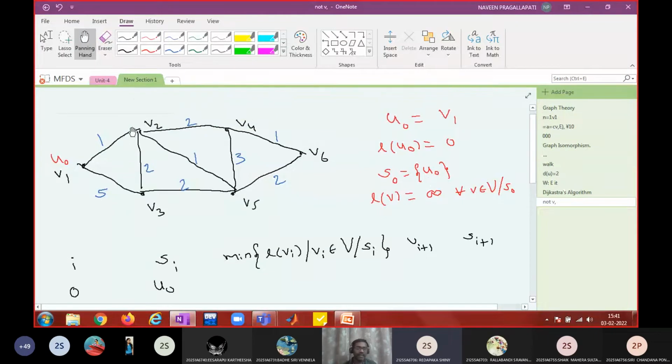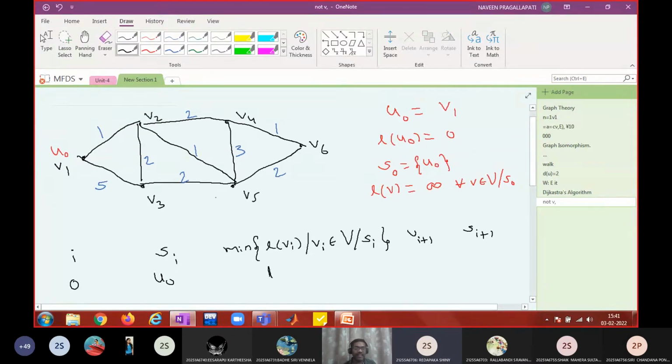So what is that length? For the time being, call it distance. Actually it is not distance, it is weight. Or you may assign distance to the edges also, doesn't matter. V1 to V2, what is the weight? 1. So 1 is the minimum of all the other distances.